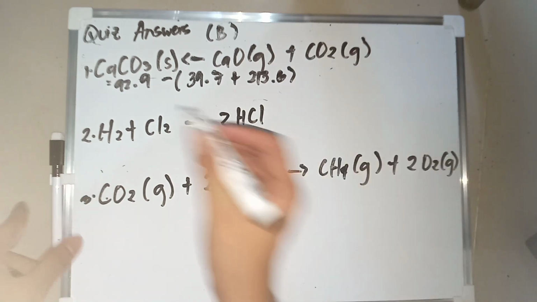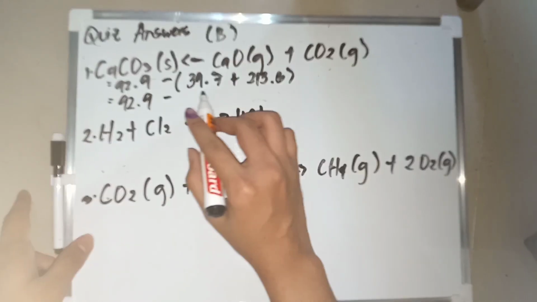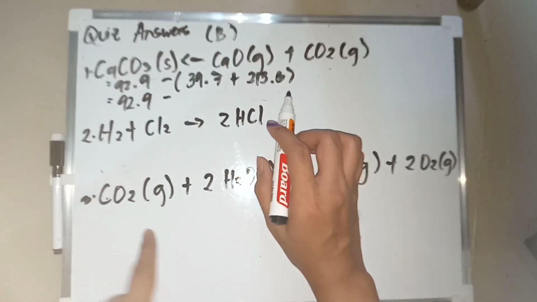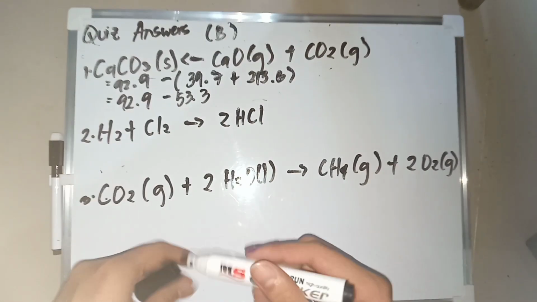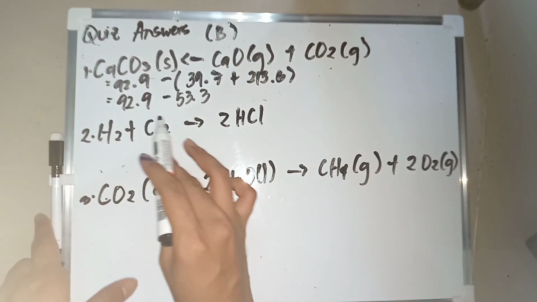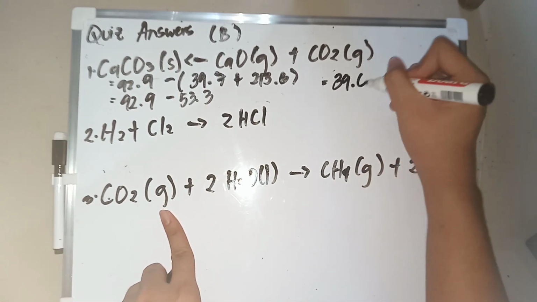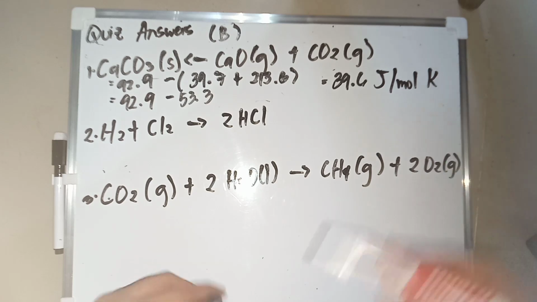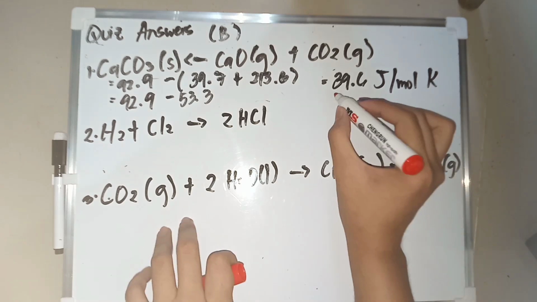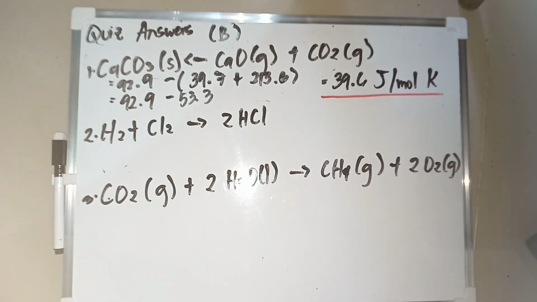We're going to follow PEMDAS, so 39.7 plus 213.6 is equal to 253.3. Then 92.9 minus 253.3 is equal to negative 160.4 joules per molecule Kelvin. This is our answer.